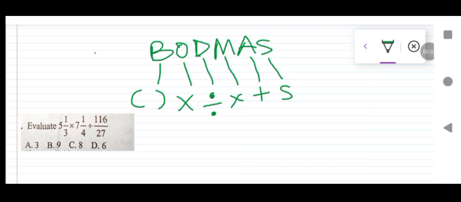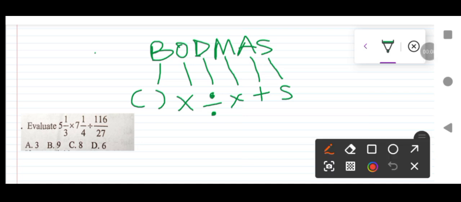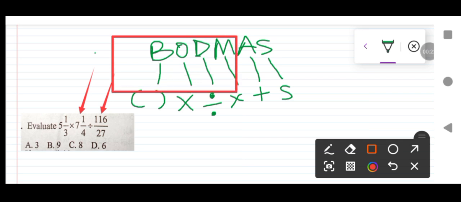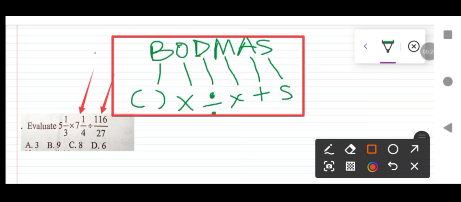Over 75% of students fail this same question you are about to learn. Now the question says: evaluate 5 whole number 1 over 3 multiplied by 7 whole number 1 over 4 divided by 116 over 27. How do we go about this? I should let you understand that we need BODMAS to solve this.